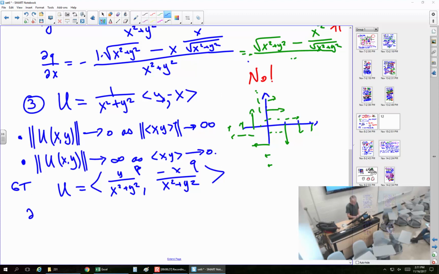So dP dy is, similar to last time, I differentiate the numerator, 1, and multiply by the denominator, minus y, the numerator, multiplied by the derivative of the denominator, which is 2y, right? So there is no fraction as last time.